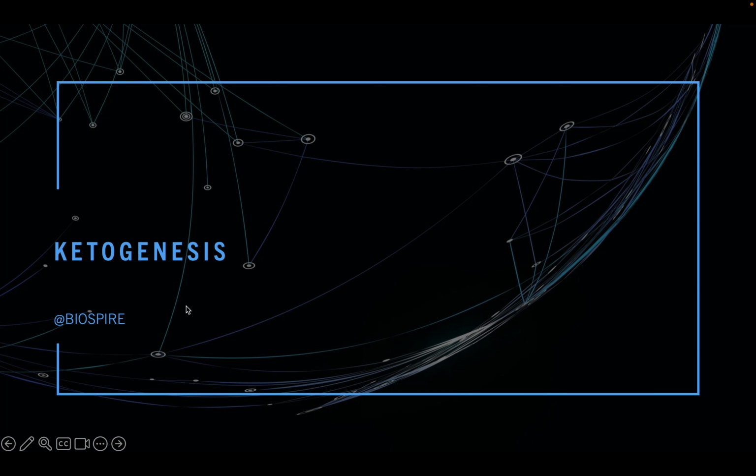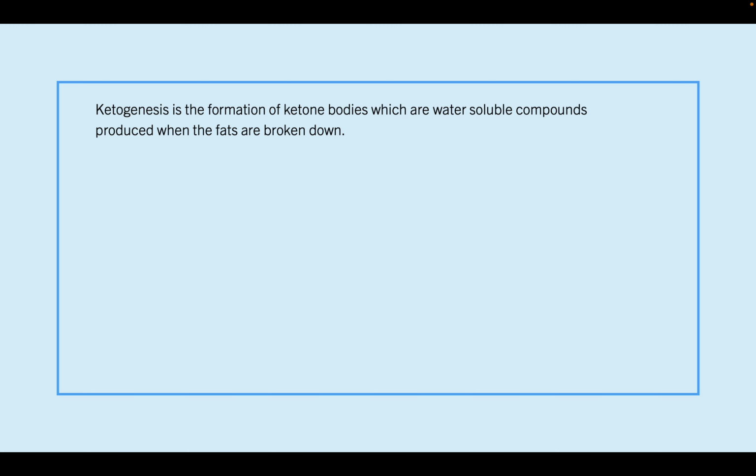So what are ketone bodies, why are they important, and how are they generated? Ketone bodies are water soluble compounds that are produced when fats are broken down. They are important during conditions like starvation, when you need energy.